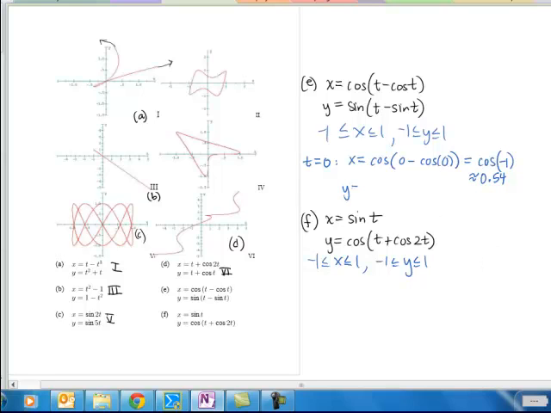And y is going to be sine of 0 minus sine 0. Sine of 0 is 0, so this is just sine of 0, which is 0. So we have this point here, 0.54, 0. So between these two graphs, we only see one of them that has a point in the vicinity of 0.54, 0, and that looks like this one. So this must be graph 1.